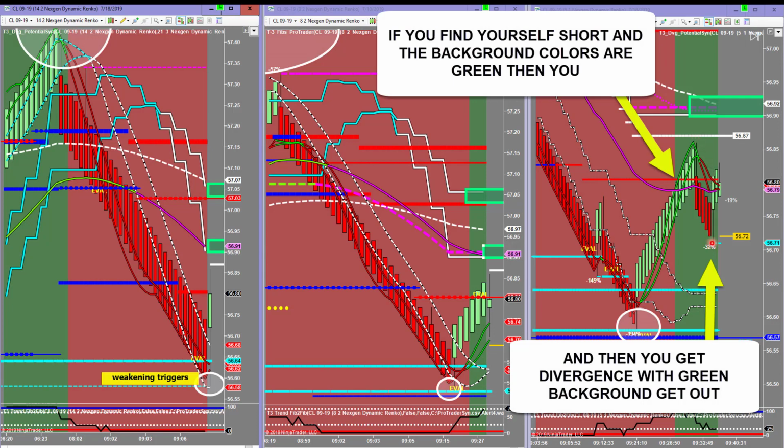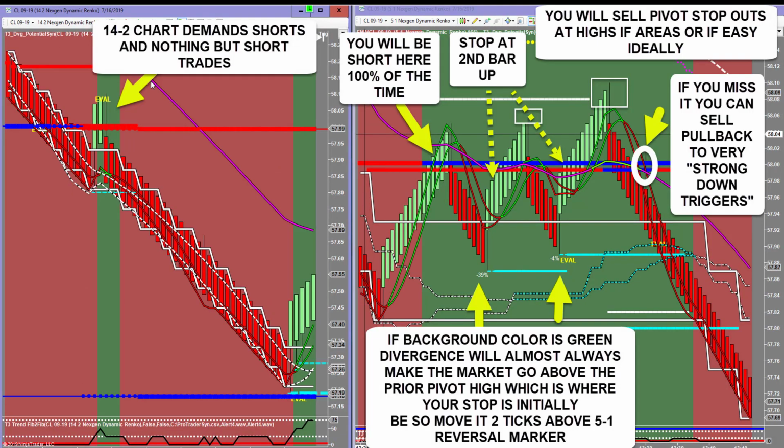But number two, if it's green and you have divergence, meaning you had 2 bars up, get out. Don't hope, don't wish, don't pray. There's nothing you can do. You get out of your position when you have divergence and a green background and you're short, period. Got it? Let's go forward.